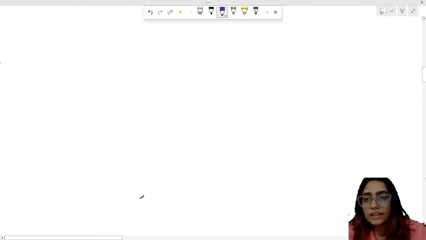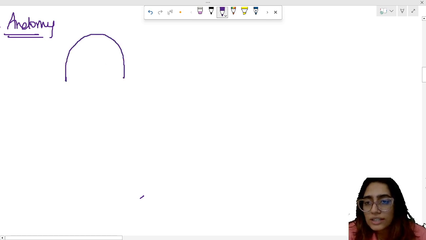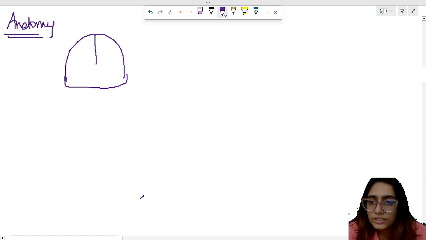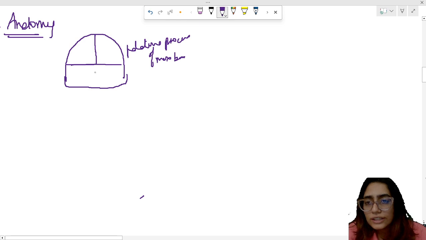Now let us discuss and have a look at the anatomy of the maxilla. It will help us to give a better idea when we talk about the modalities. So talking about the mid-palatine suture, first of all, if you see the maxilla from the occlusal view, it is made up of two bones, one is the maxilla and second is the palatine bone. So this anterior half is made up of the palatine process of the maxillary bone, while the posterior part, this one, is made up of the palatine bone.